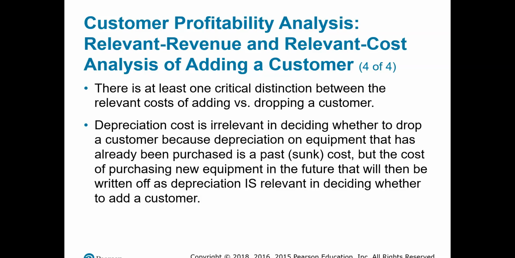But if we have to purchase new equipment to add a new customer, then that cost will be relevant. So depreciation costs on past purchasing decisions are sunk costs, as we talked about before, but the cost of purchasing any new equipment is going to be relevant.